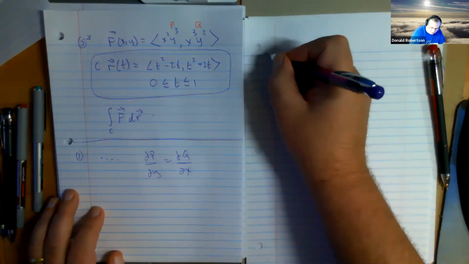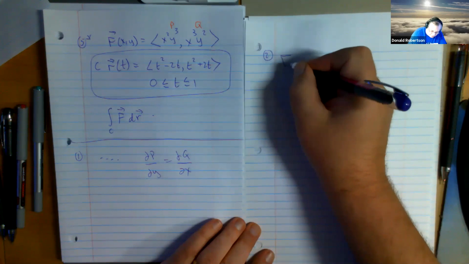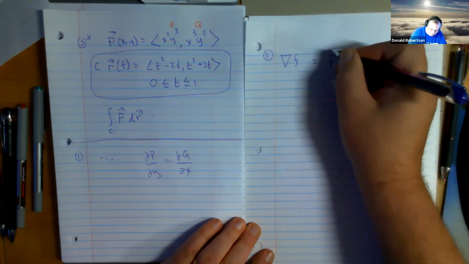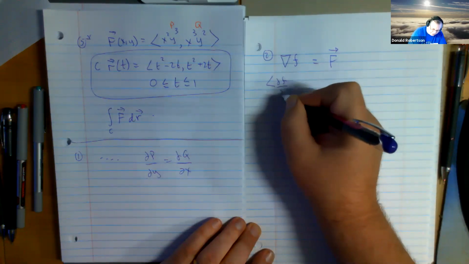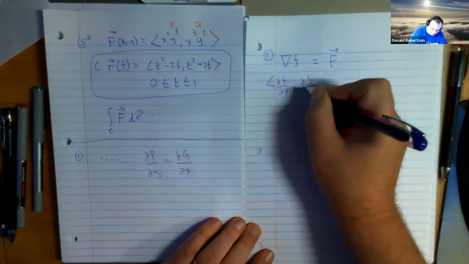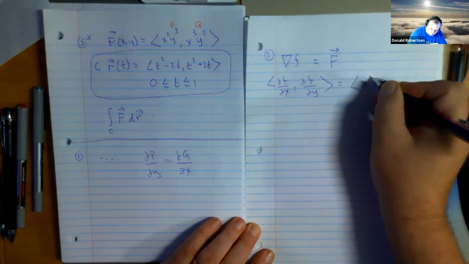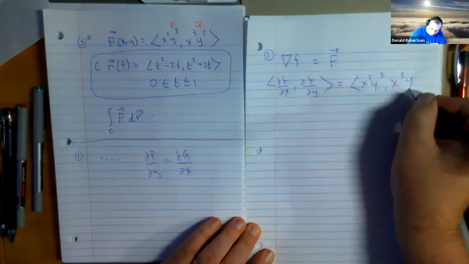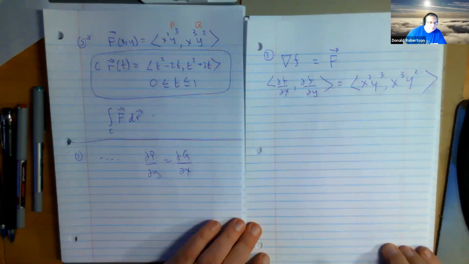That means I can now move on to step 2. I know that there has to be a function little f that has that property. And I know that that means that this has to equal that guy.